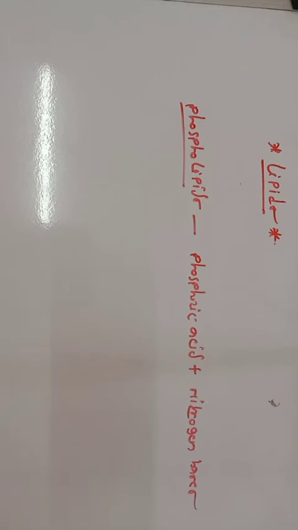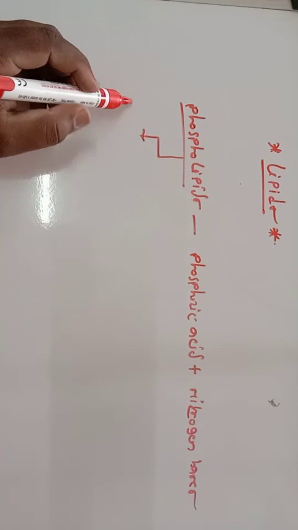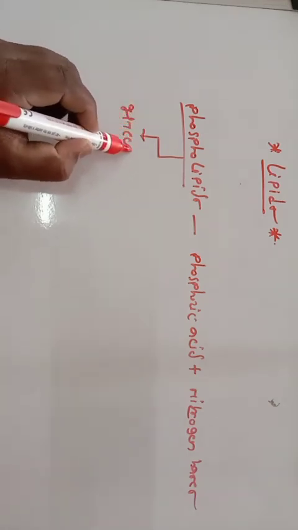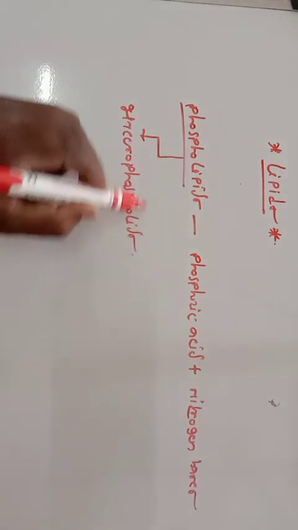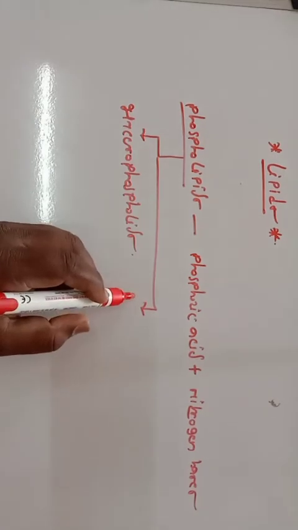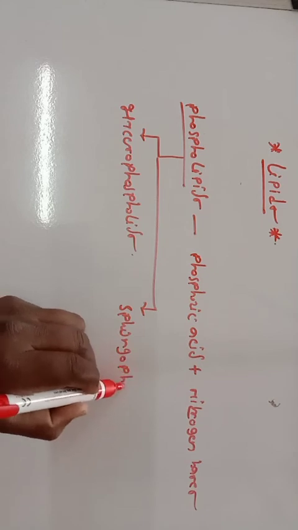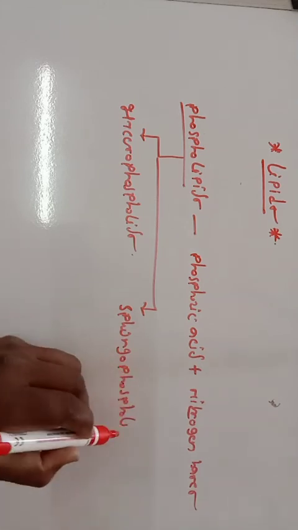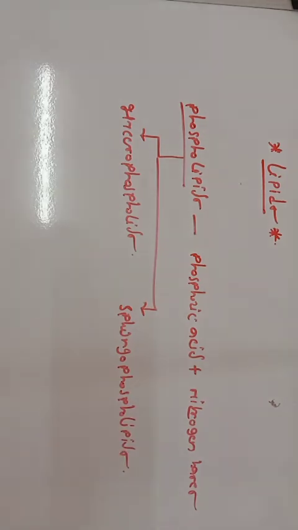Again, these phospholipids are classified into two types: glycerophospholipids and sphingophospholipids.